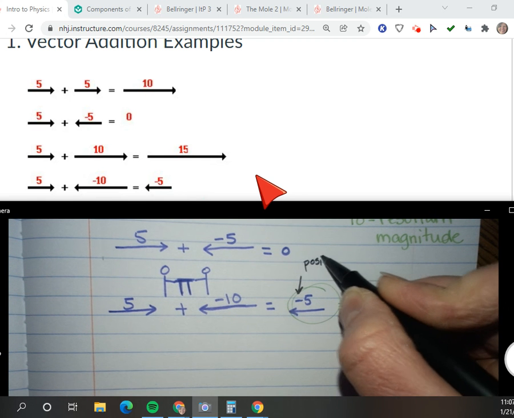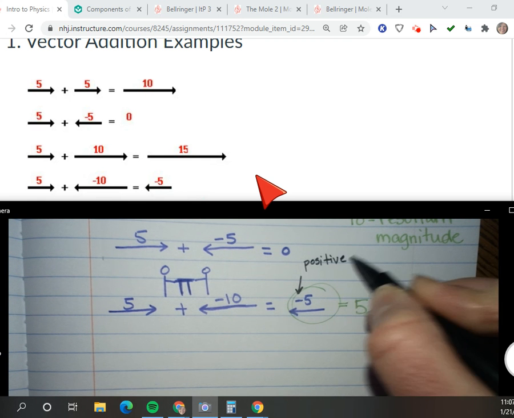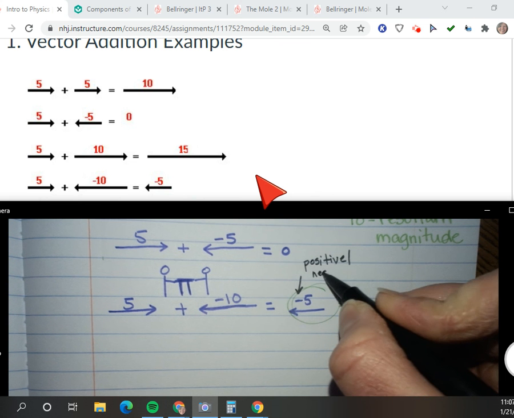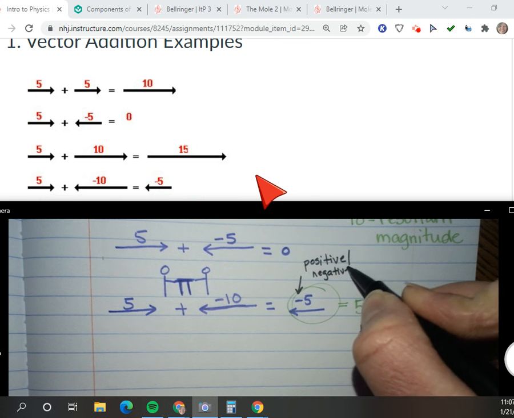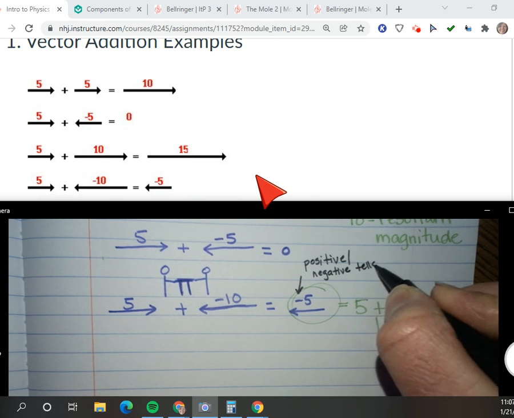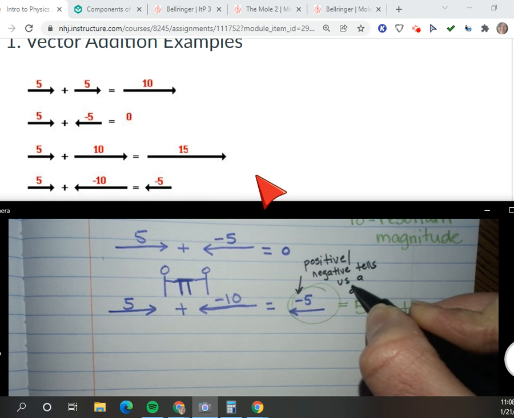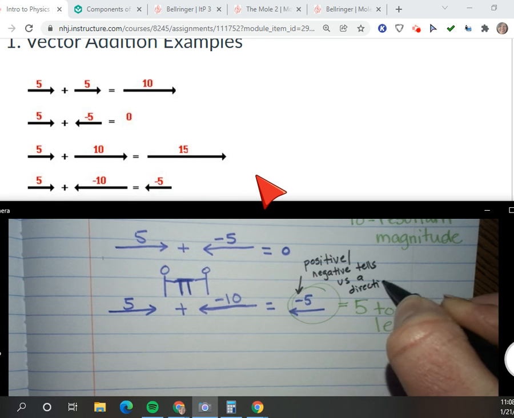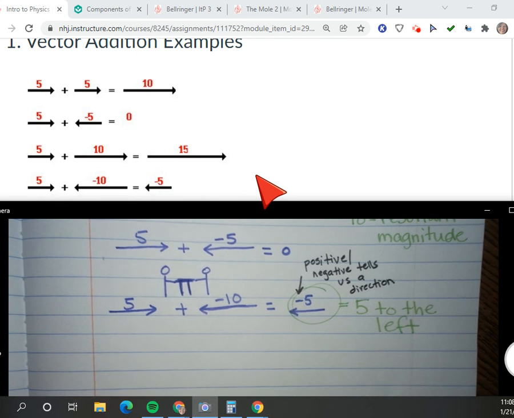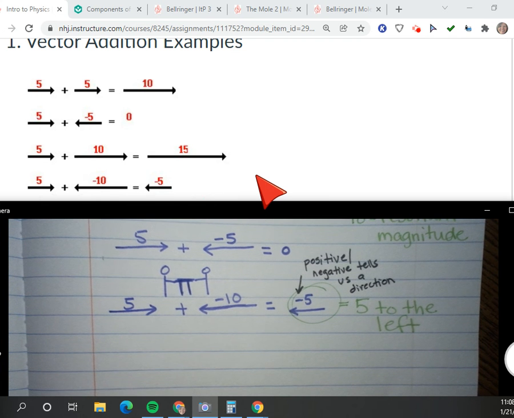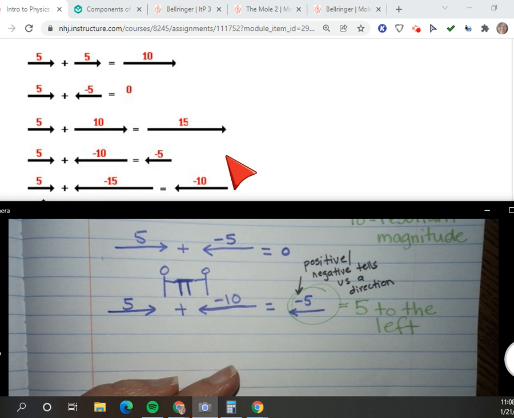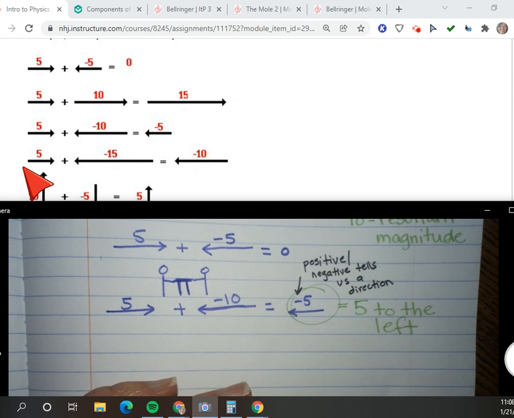Positive or negative indicates a direction. So we want to keep that in our head, understand that when we're adding these vectors, we are going to get a direction.